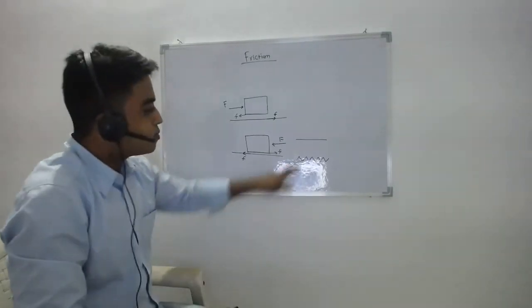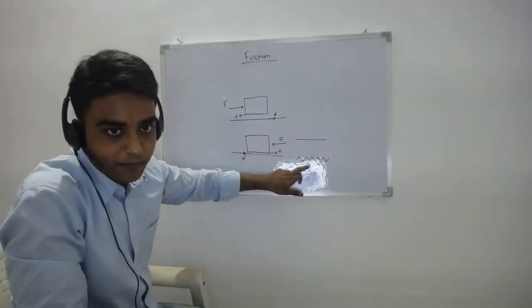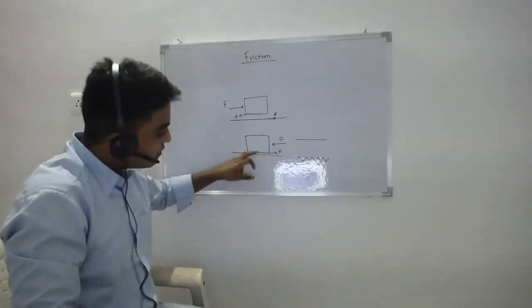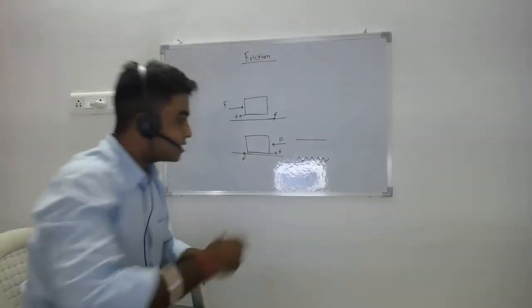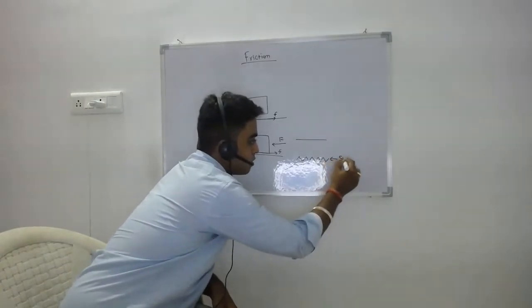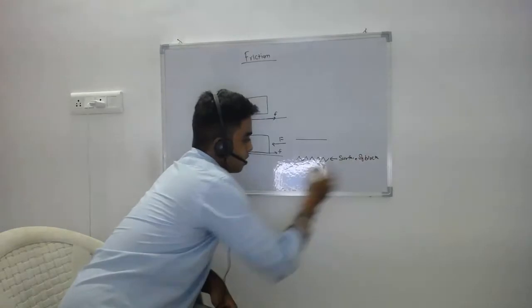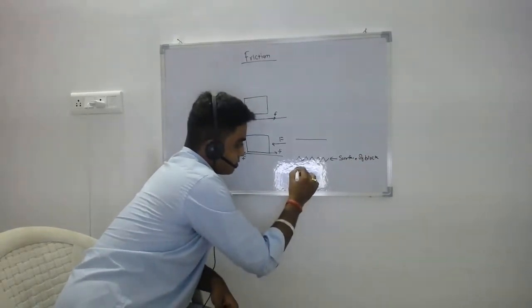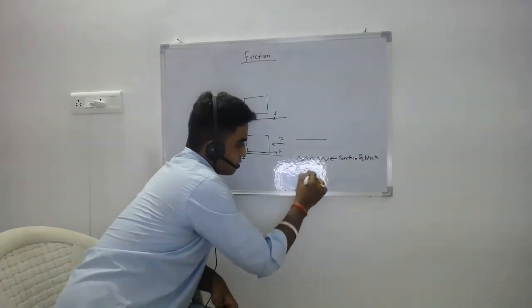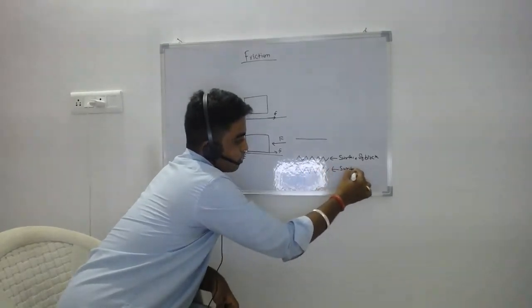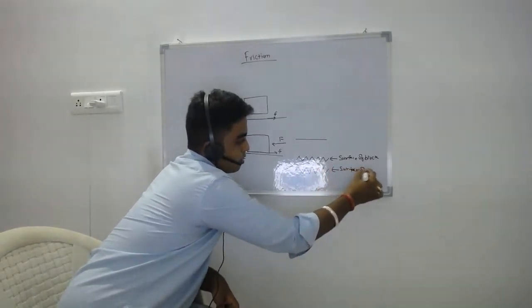Okay, so this surface is like this. Now what happens? Both surfaces are rough, both surfaces are like this. So this is the surface of the block, and this is the surface of the ground.